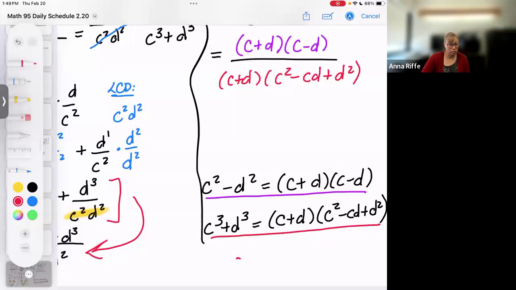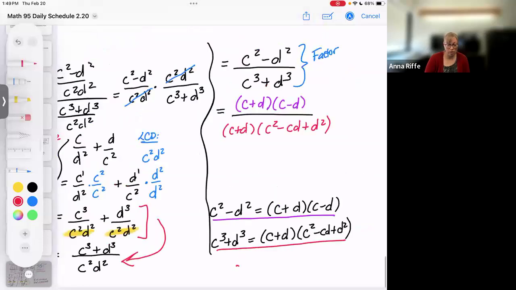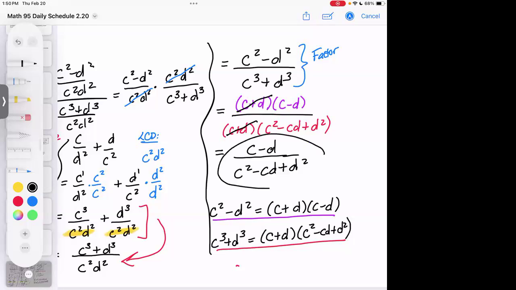And I can again note that I have common factors. I have the C plus D that will cancel, top and bottom. So I'll write what remains: C minus D over C squared minus CD plus D squared. And that's as far as I can go with this.